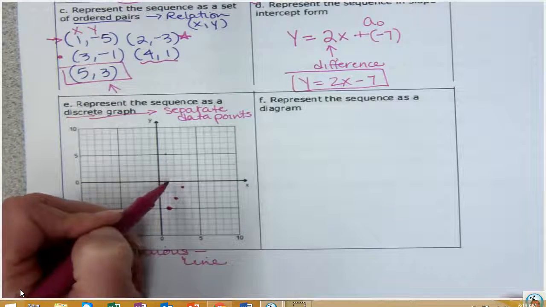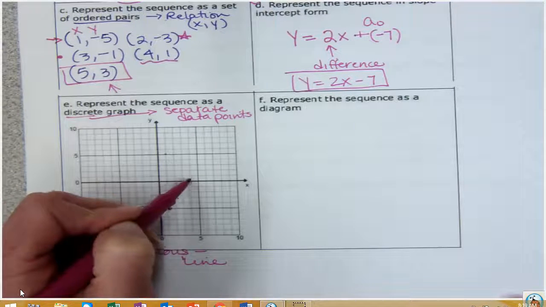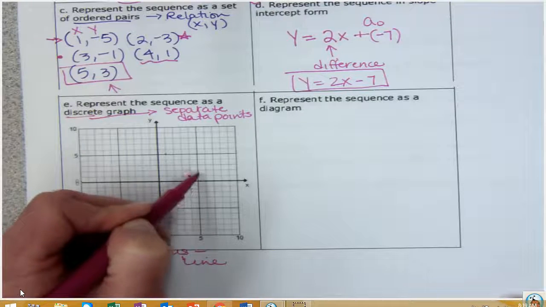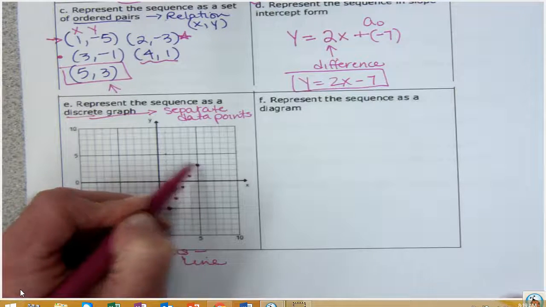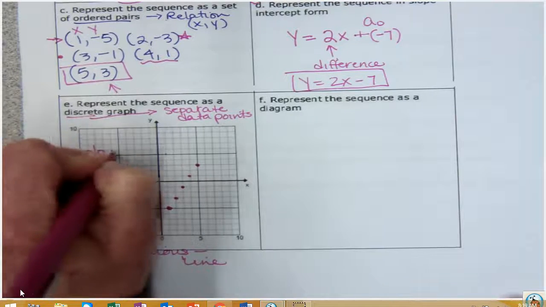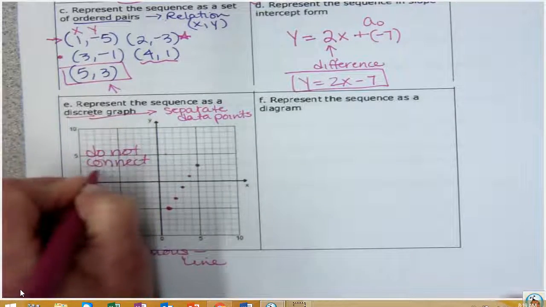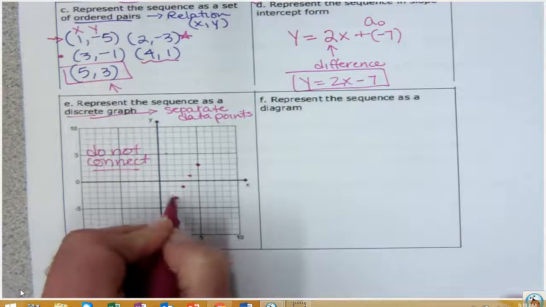X is 4, Y is 1, and X is 5, Y is 3. And that's it. Do not connect, because it's discrete. These are your discrete data points.